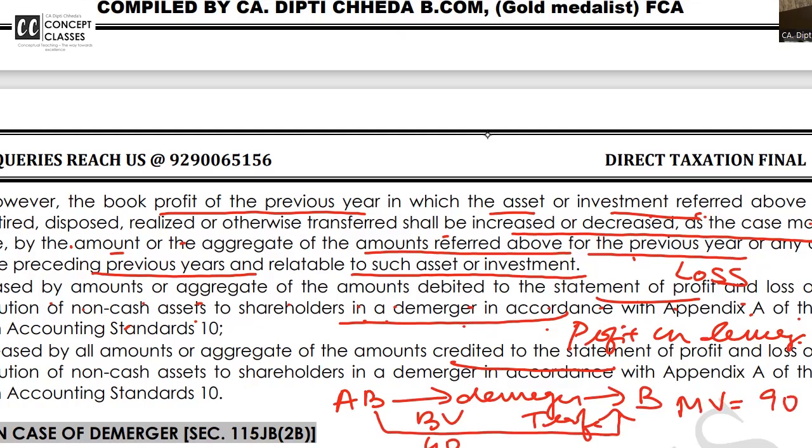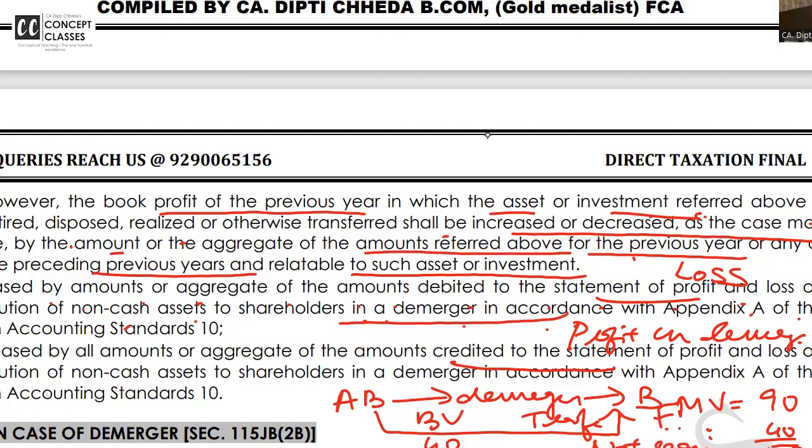Is my example clear? AB company is splitting into A and B. So AB company has transferred one asset of book value 40 to B. And then its fair market value in B is 90. So 90 minus 40 is the profit, 50.